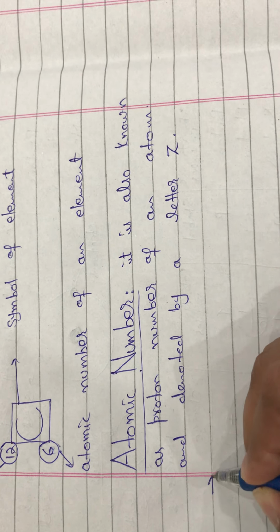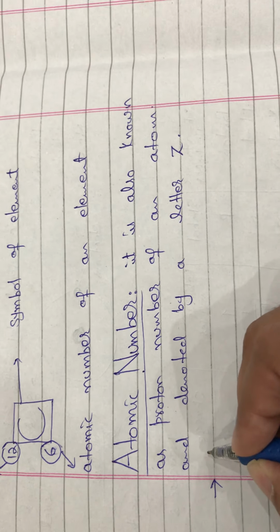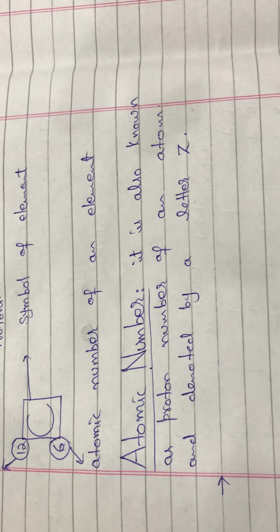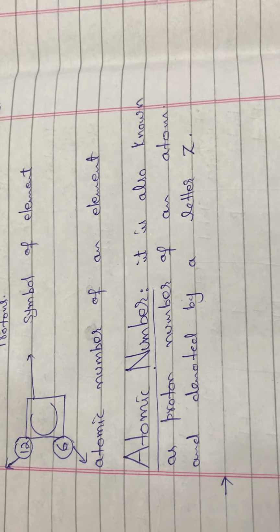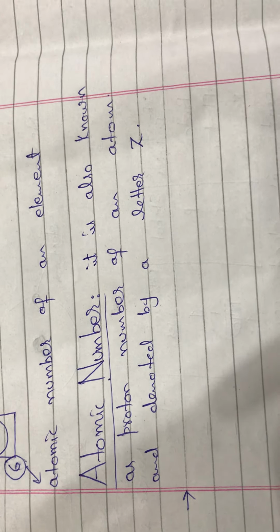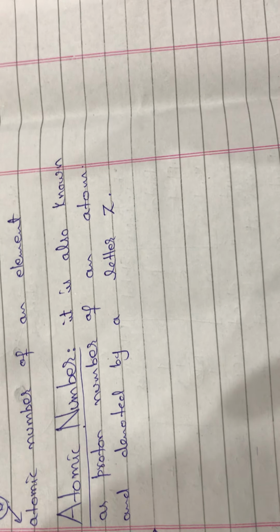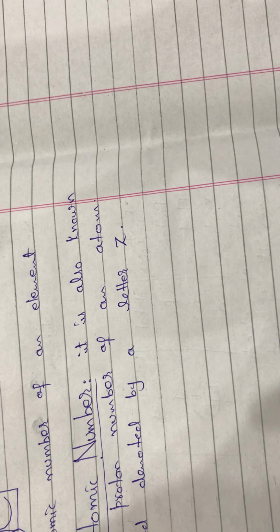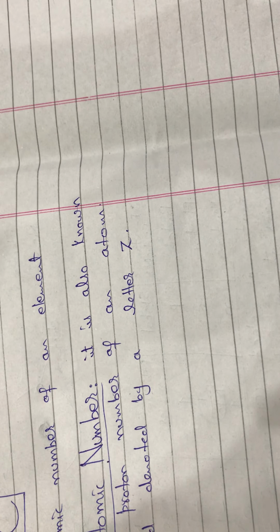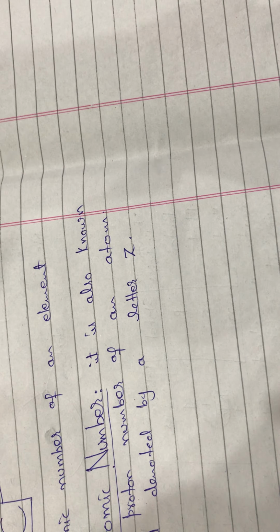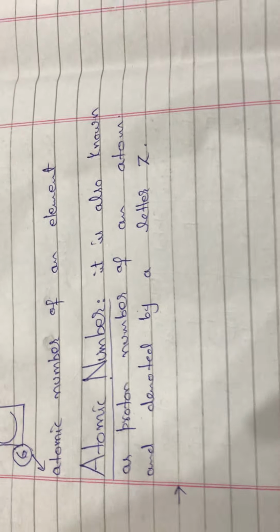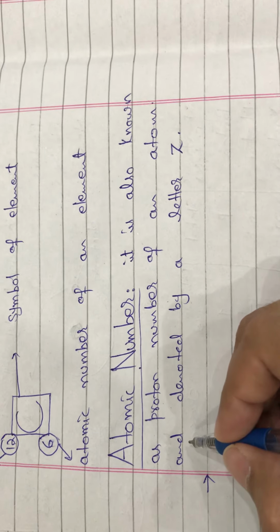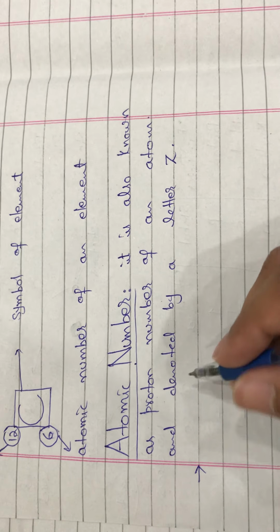All the elements, if you can see the periodic table, means we have the other elements as well: oxygen, nitrogen, chlorine, fluorine, bromine. We have the metals: sodium, potassium, calcium, magnesium, zinc, copper. So these elements have their distinctive atomic number.